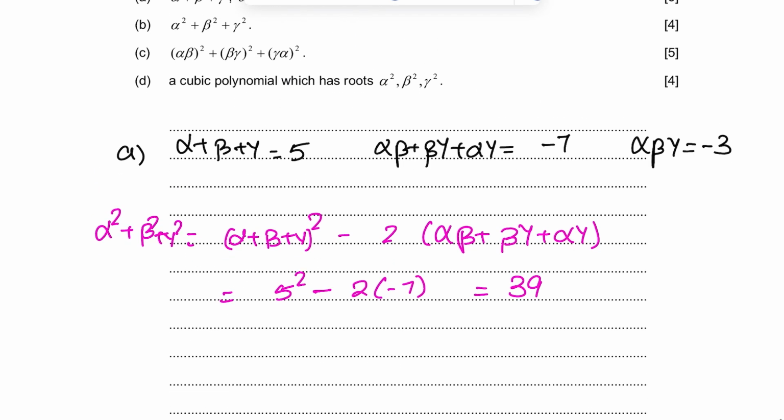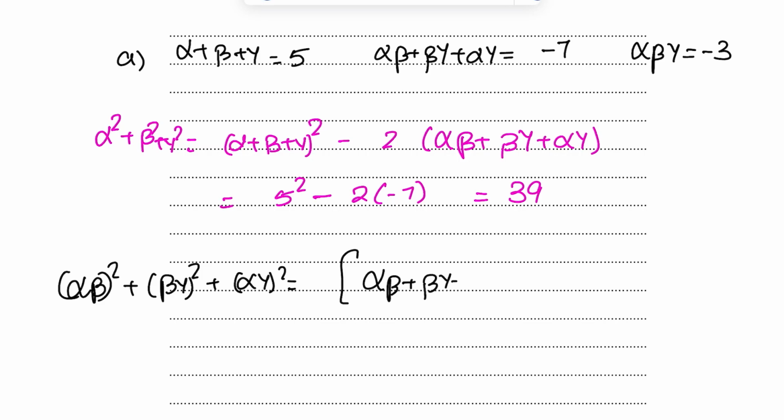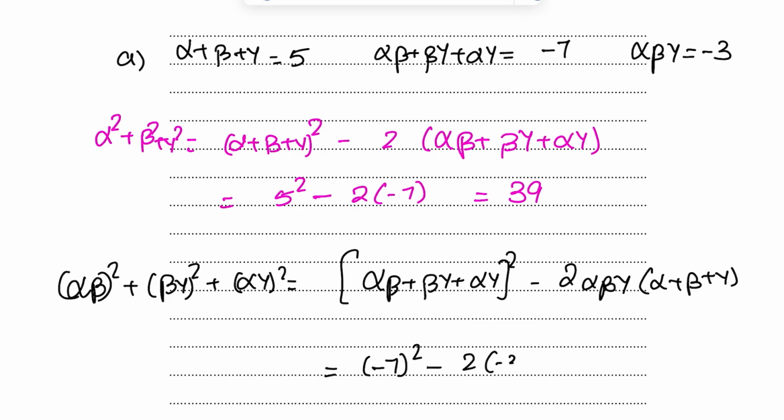Then alpha beta whole square plus beta gamma whole square plus alpha gamma whole square is alpha beta plus beta gamma plus alpha gamma whole square minus 2 alpha beta gamma times alpha plus beta plus gamma. This is a formula. So this will become -7 whole square minus 2 times -3 times 5, which is going to be 79.